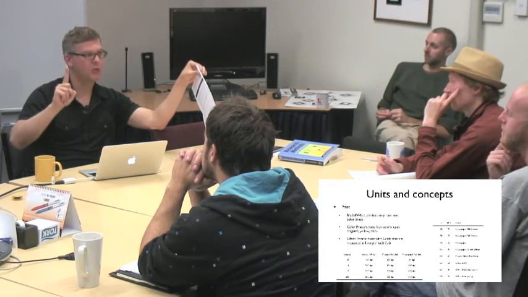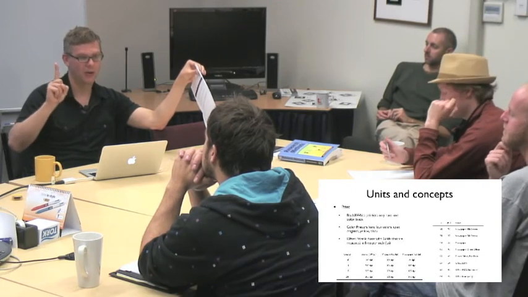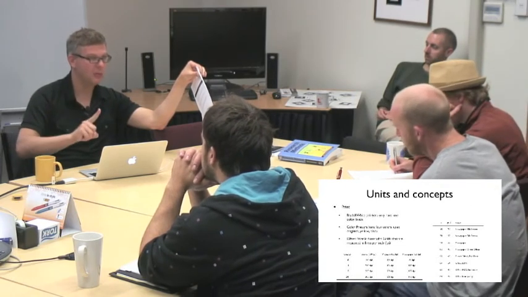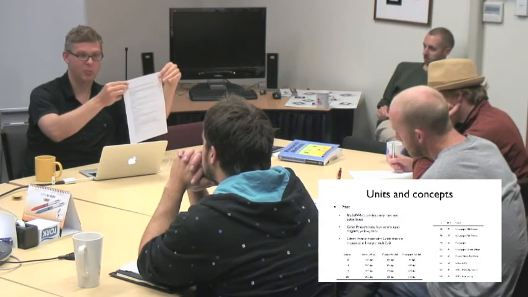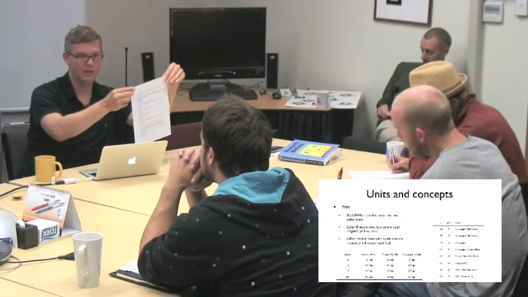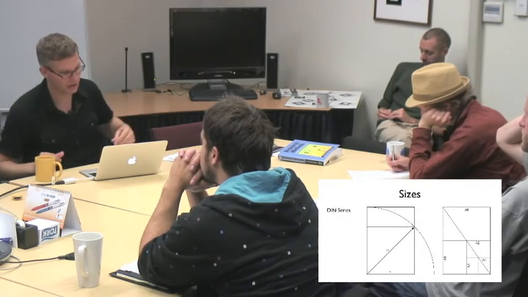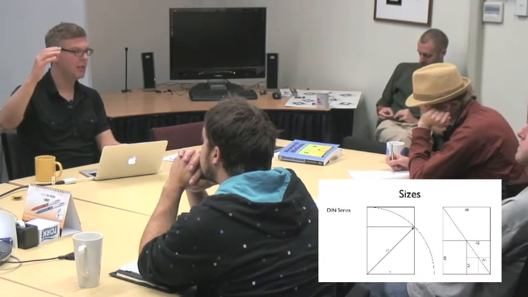A0 is equal to 1 square meter of paper. And that determines the absolute value, not the proportion, but the absolute value. And then you divide it down, right? So here it is, A0, A1, A2, and so forth. But A0 equals 1 square meter.